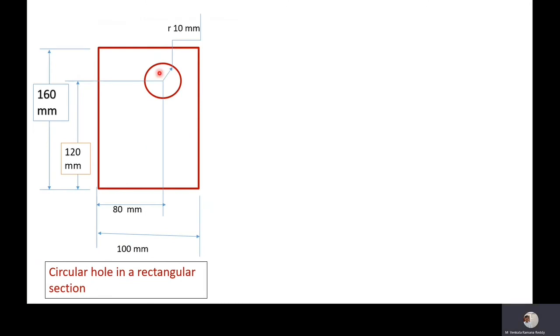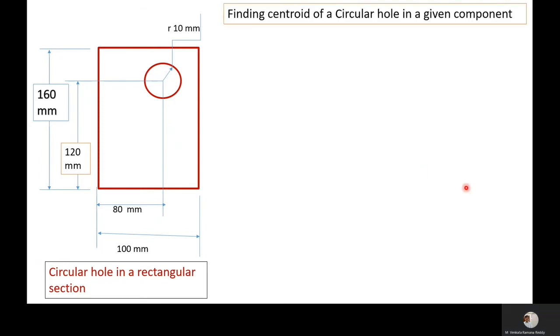It's a given component. This circular hole is to be removed from the rectangular section. Then we'll find the centroid of this circular hole. X-axis, y-axis, and circular hole.